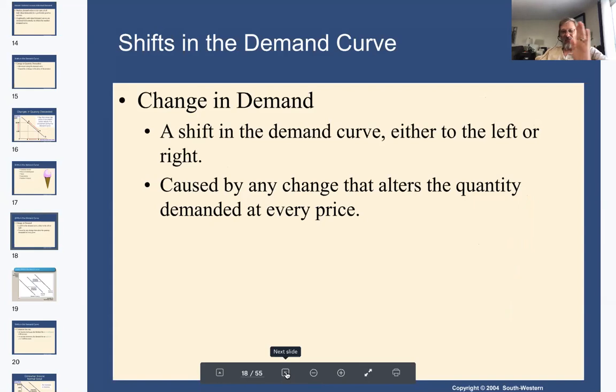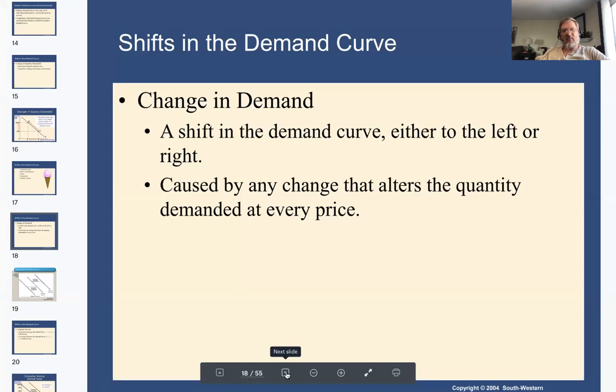Okay, so a change in the demand curve isn't merely a change in the price. It's a change in the whole relationship. It's a shift in the demand curve. And the demand curve is either going to shift to the left or to the right. Now, I will tell you that most students, the biggest mistake that they make when they're first thinking about these things, and I'm not saying it's never useful to do this, but it's a common way to, in many cases, analyze the problem incorrectly.